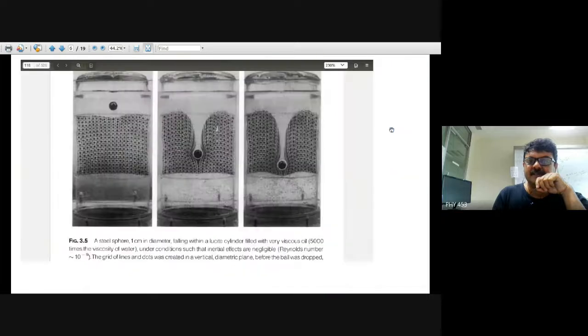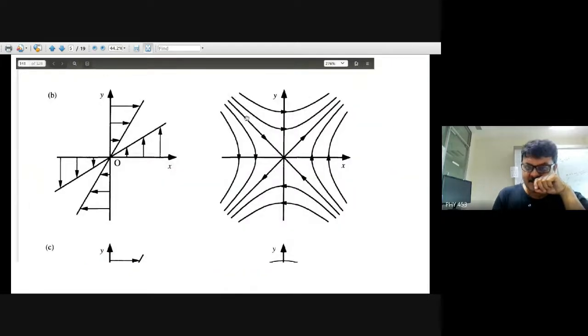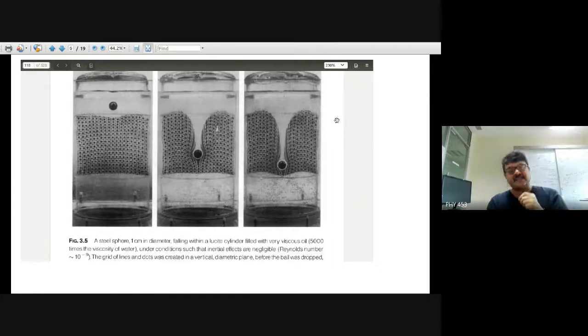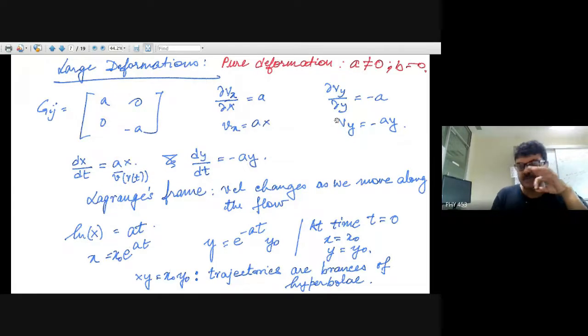It's basically along this and along this, right? That's what it is. So basically here you are looking along the principal axis, and along these axes, it's called elongational flow or extensional flow.